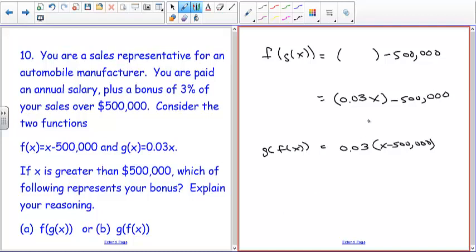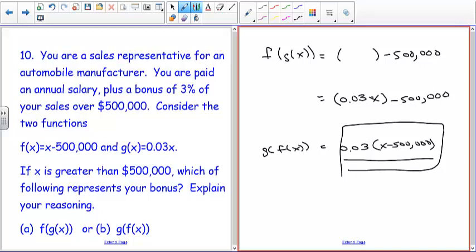So you can think about which one makes sense to you. Well, if I had $600,000, the difference between 600,000 and 500,000 would be 100,000. That would be my excess over $500,000, and I get 3% of that. So this seems to be the one that makes more sense.